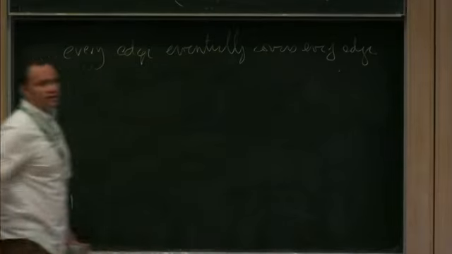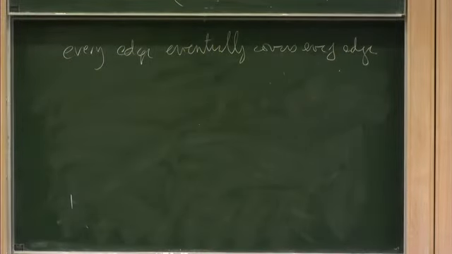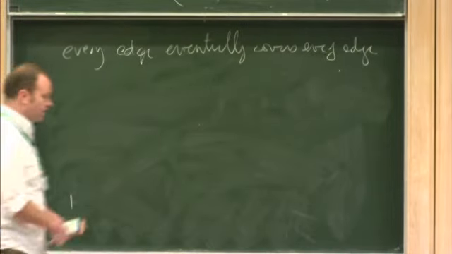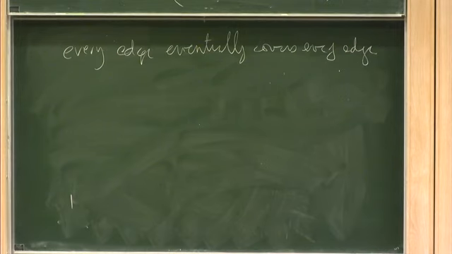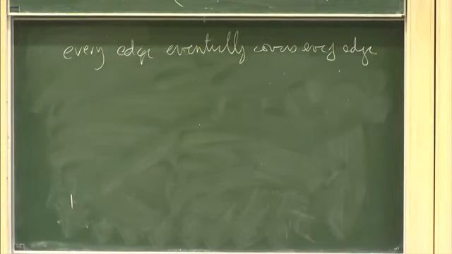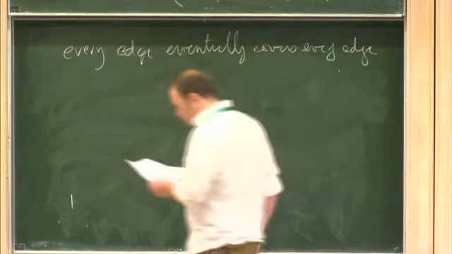Meaning I iterate and iterate, and eventually the image of every edge is going to be the entire graph. Okay, so let me give you an example of such a map.